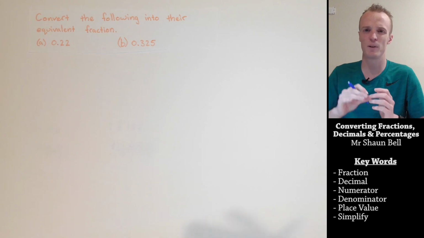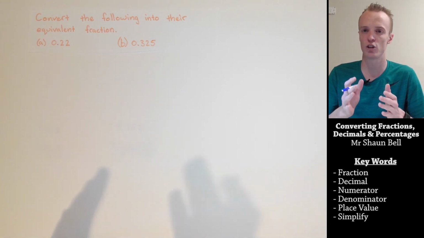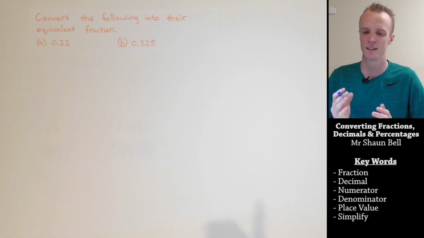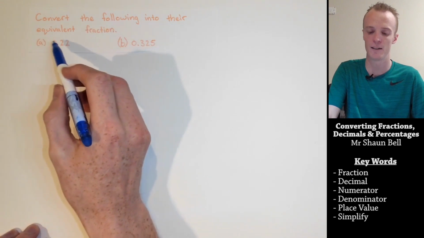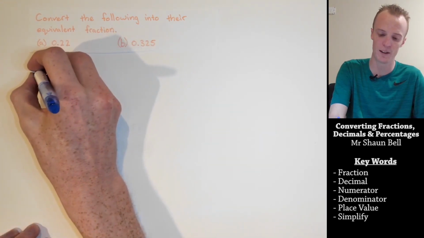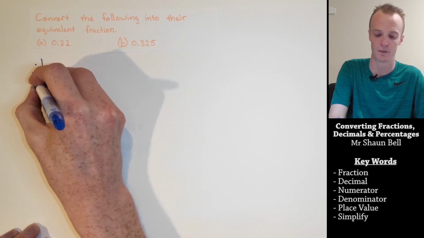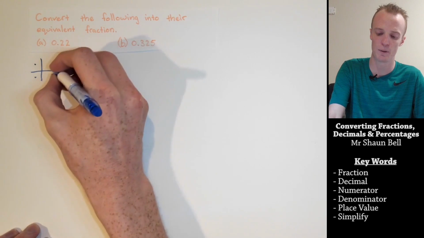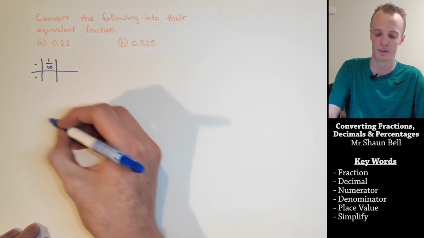Now I want to start this by explaining the process first and then discussing a shortcut that we can use. So let's start by considering the place values that I have in my digits after the decimal place. I can do this by putting it into a place value chart that looks something like this. If I have my decimal place here, the first place value is going to be tenths.